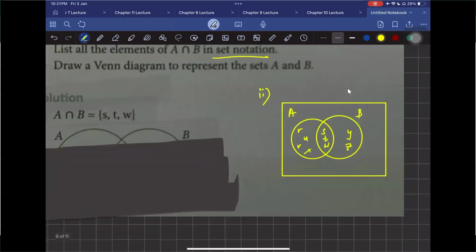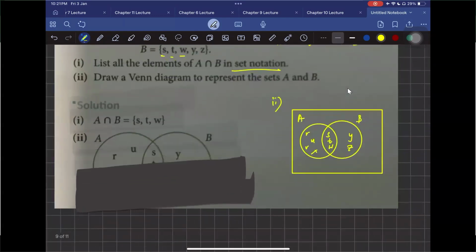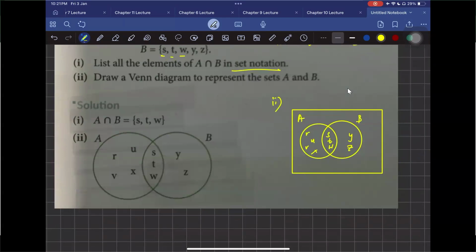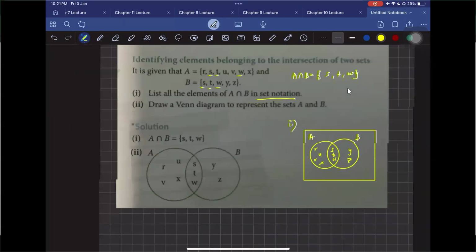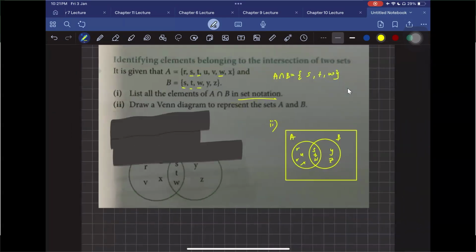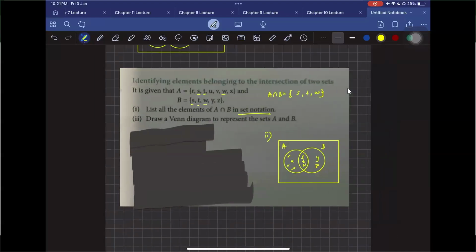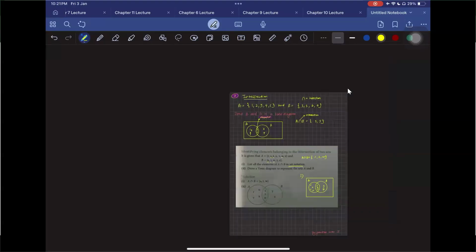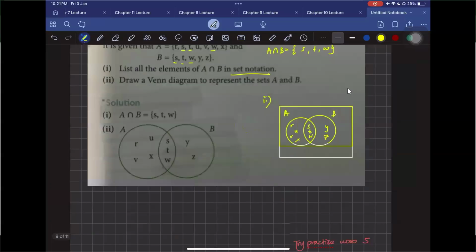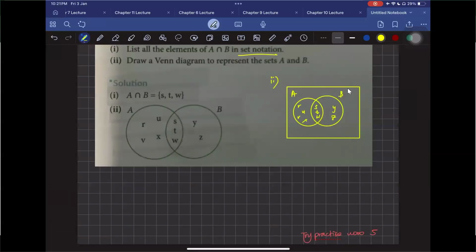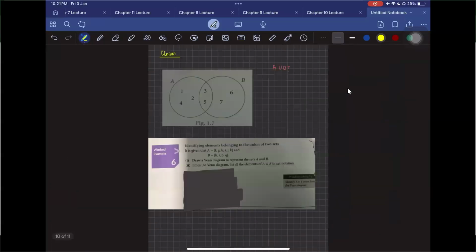This is how you draw your Venn diagram. They will be sending you this note. Let's move on. Do try out your practice 5 before we carry on.